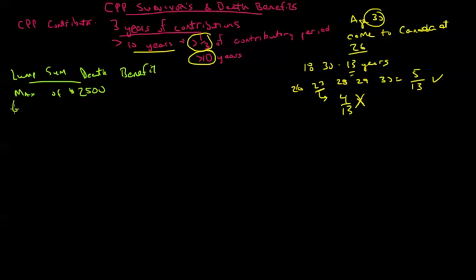The actual calculation is 6 times what your projected retirement benefit would be, so 6 times your monthly retirement benefit. Most people today do qualify for the full $2,500, but there are occasionally people who have, maybe in the case of this person over here, relatively low contributions, and they might qualify for less than the full $2,500.